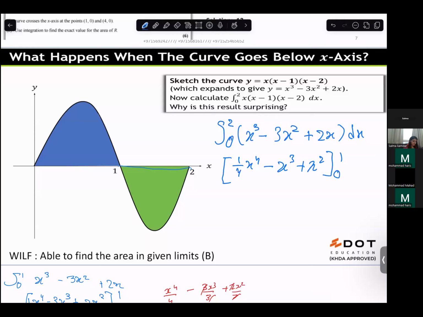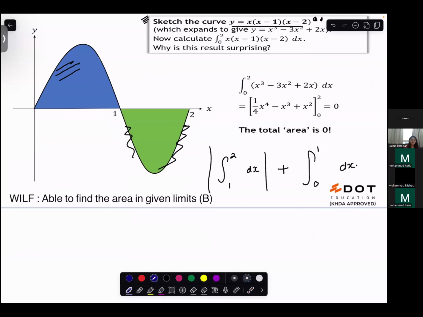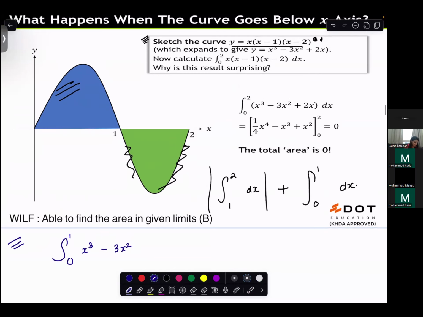Now I have to solve this, so I need to show what I am solving. I'm going to integrate it in two parts, area above the x-axis and area below the x-axis. I hope you're with me. So first I would integrate between 1 and 0 my function, that is x cubed minus 3x squared plus 2x.